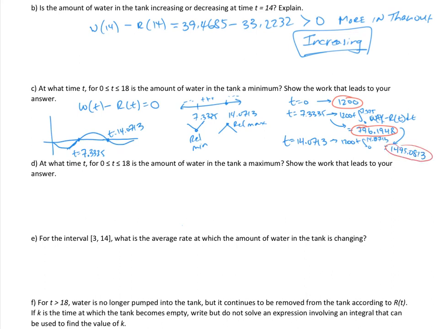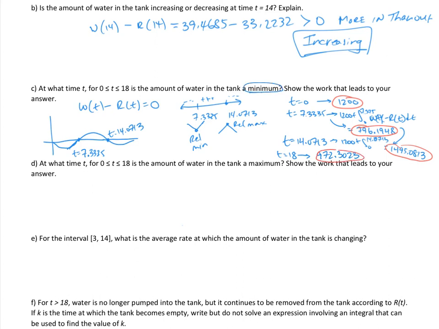Now we need one more at t equals 18. At t equals 18, we put in the integral, and we end up with 972.3023. All right, so these are the numbers we're looking at. So we want an absolute minimum here.